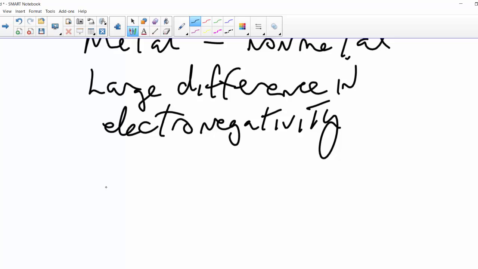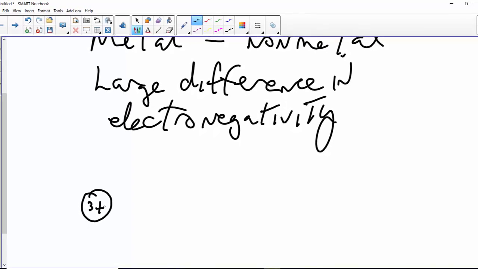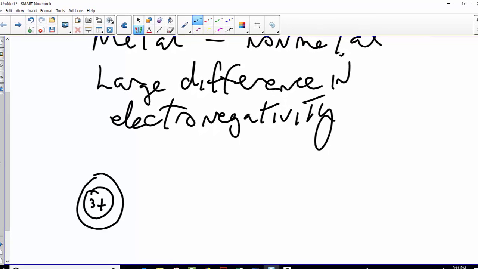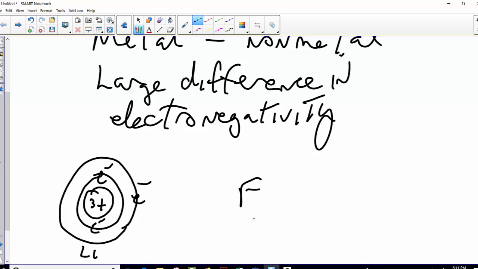Now, if you'll recall, if I have, let's say, lithium, here's lithium, 3+ nucleus, 2 electrons in the inner shell, 1 electron in the outer shell. Let's say I have fluorine over here.